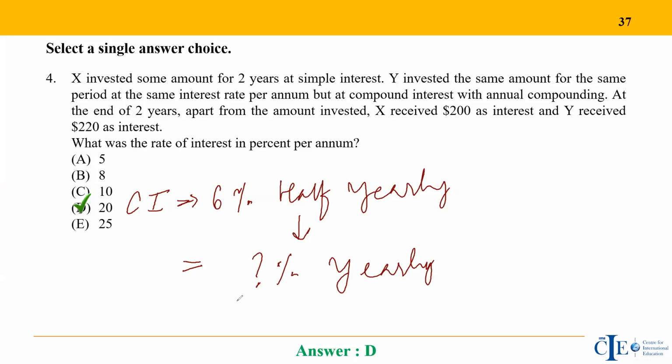That's nearly more than double. 12.36 yearly is way too high. 6.09, yes, correct. That's the right one. 6.09 is correct.